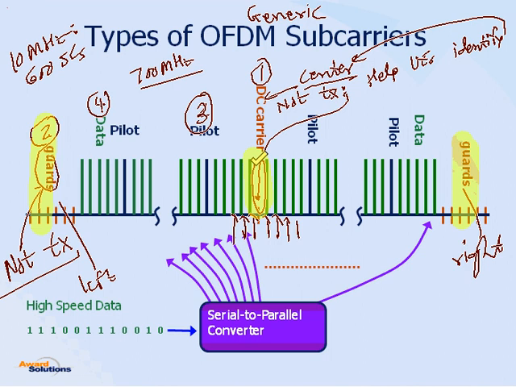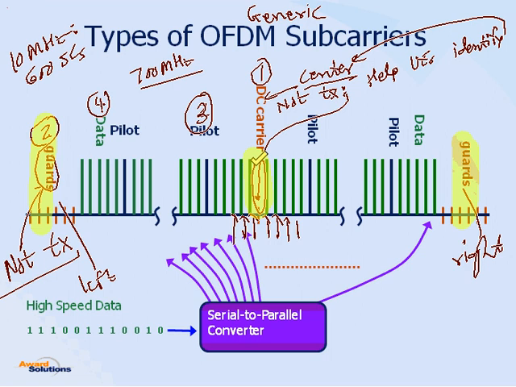So what do you think? Maybe the use of guard subcarriers. If something is on the left side of your spectrum, right side, and you do not transmit that, how could that help? Again, you can type in your answer through the questions box. Left edge, right edge, not transmitted. Any benefit?